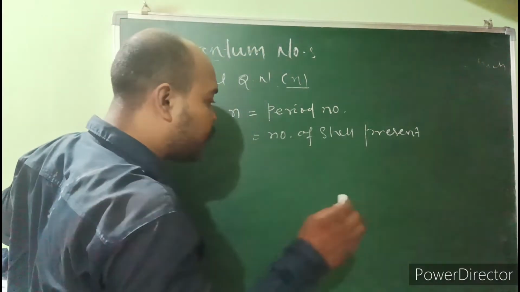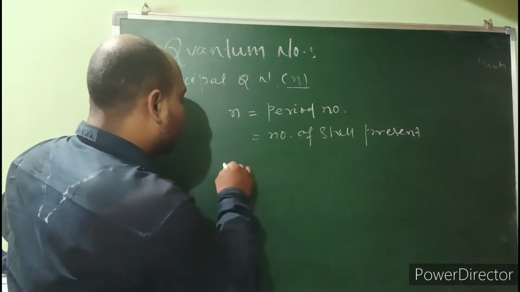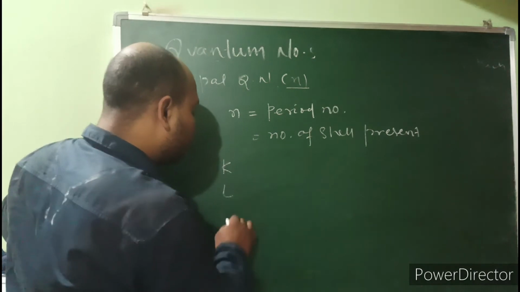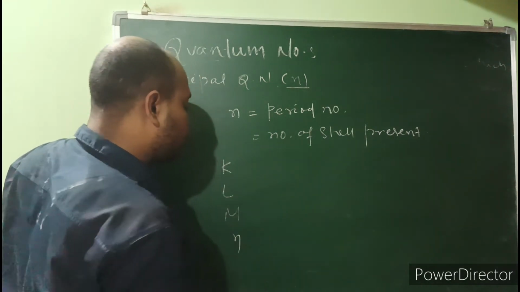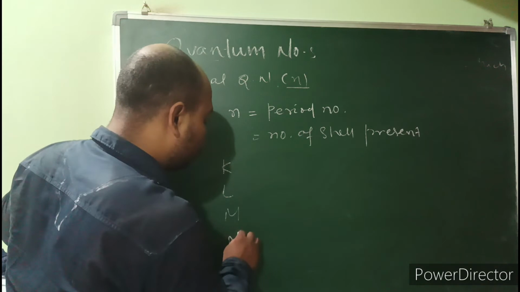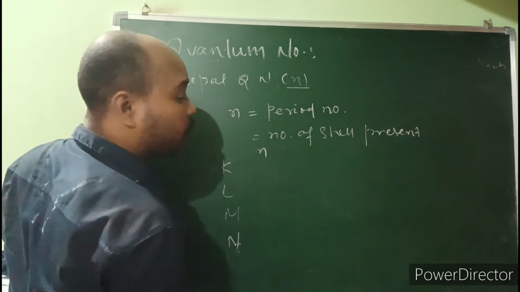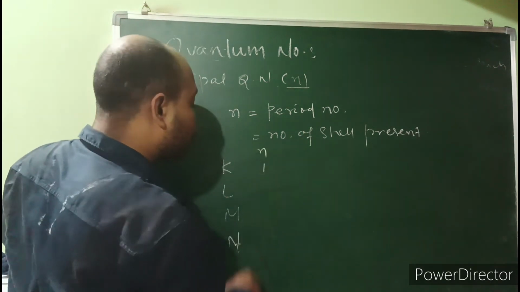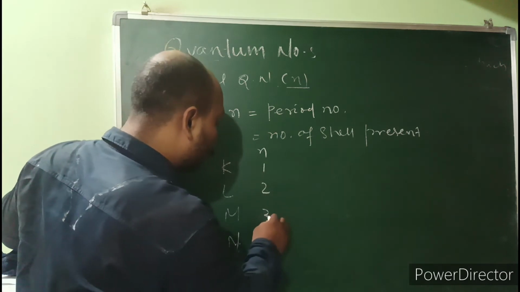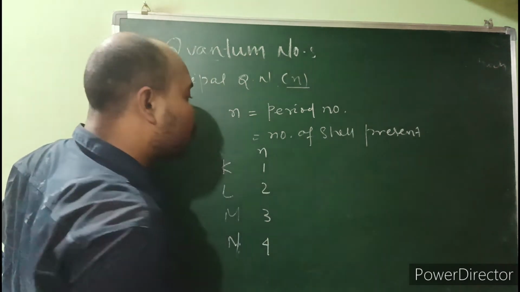For example, we know there are K shell, L shell, M shell, N shell. For these, the principal quantum number is defined as 1, 2, 3, 4.